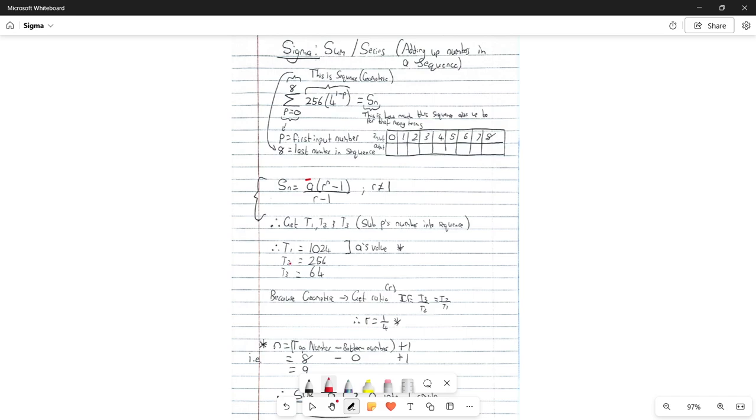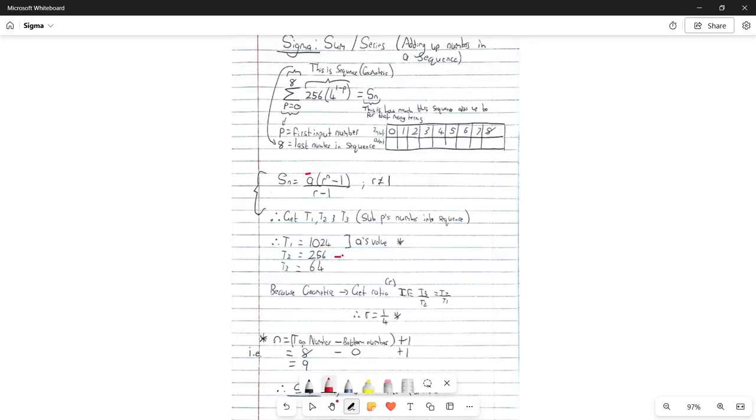We're then going to do term 2 and term 3. We don't even have to do term 3 necessarily, because what we do need is term 1 and term 2 specifically. Because we have an A, that's great. We can put this in here to solve for this Sn. And then we have a term 1, we have a term 2.